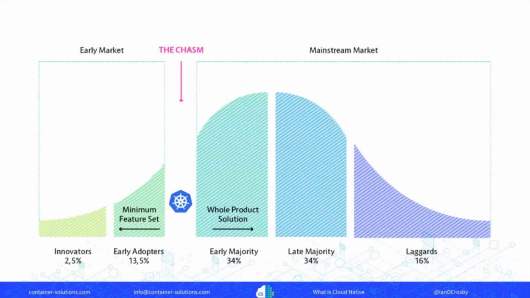Early last year, Kubernetes was in this middle ground where it was starting to get into the mainstream market, but it was still in the chasm crossing phase. What we saw, at least up until the end of last year, is that it has essentially crossed the chasm. It has reached the mainstream market, and Kubernetes is kind of the microcosm of cloud native itself.